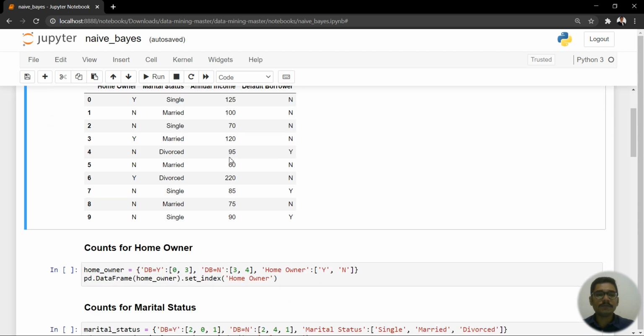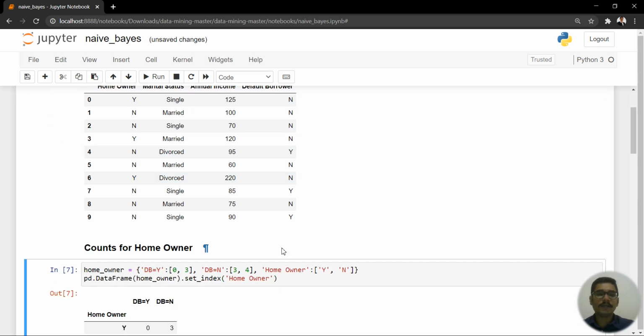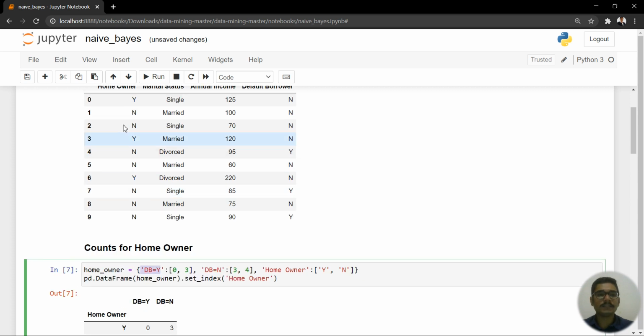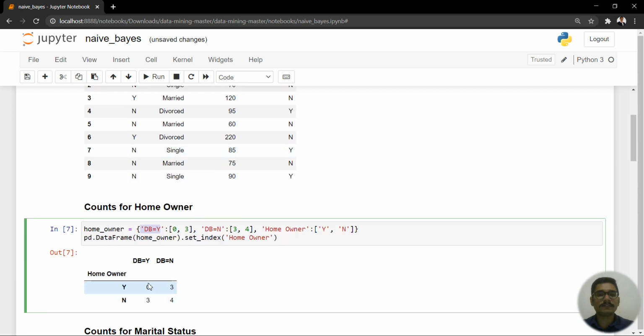Okay, so first let us count for the homeowner. Here I am making a dictionary. In this I have defaulted borrower yes, and in homeowner I have this separation: homeowner yes, how many belong to the yes class? You can see there is no single record, so it's 0.